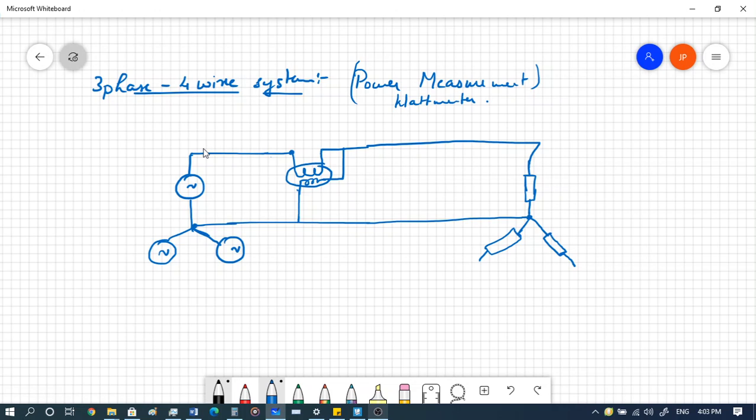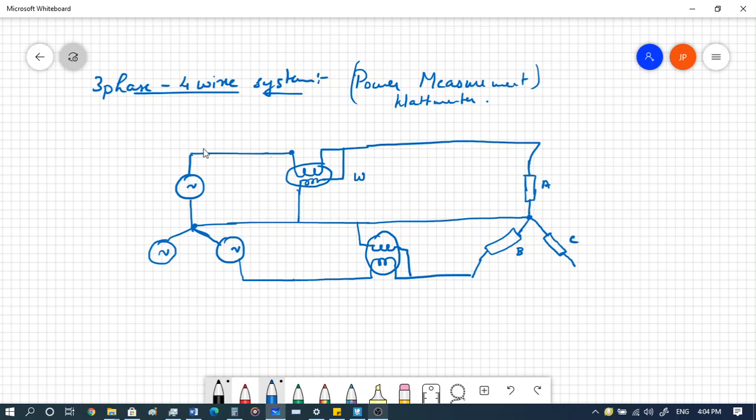We'll connect this to, let's say, A, B, C. So let's say the next line that we have, you have another wattmeter over here in the 3-phase system, and let's say you have a pressure coil that's coming from here connected to over here.